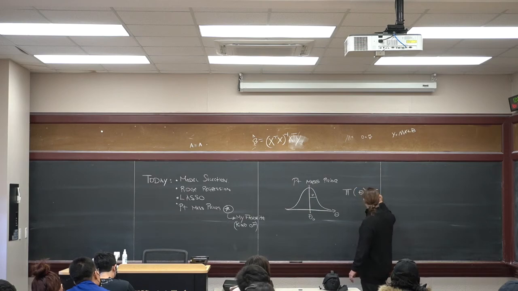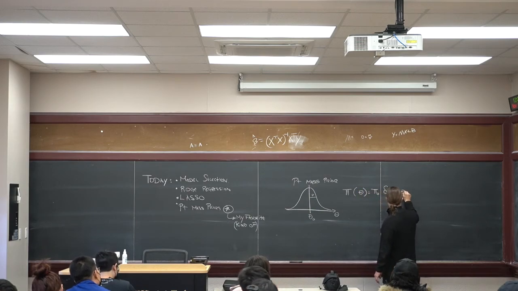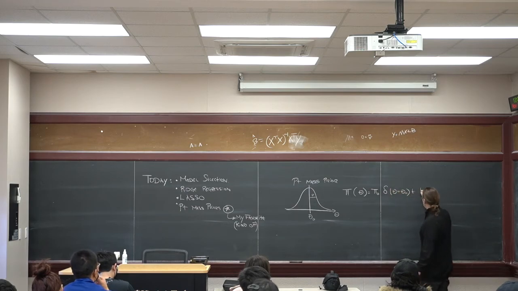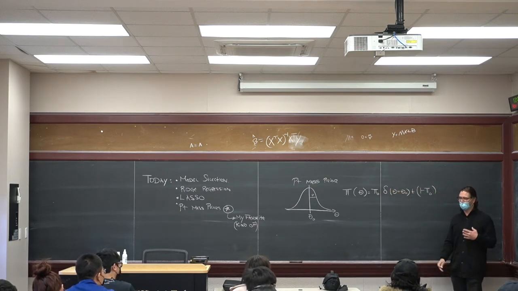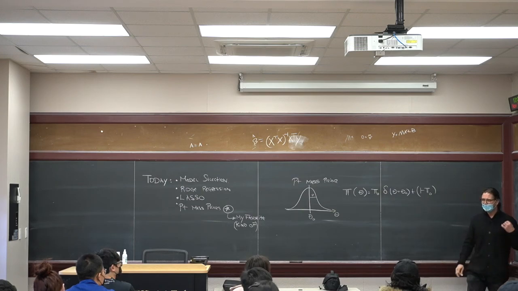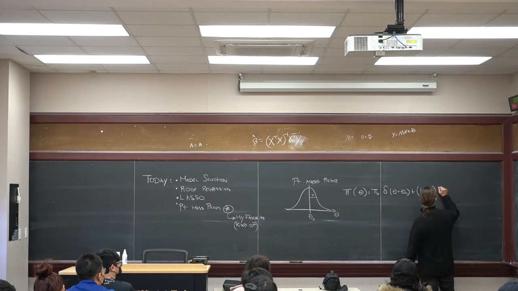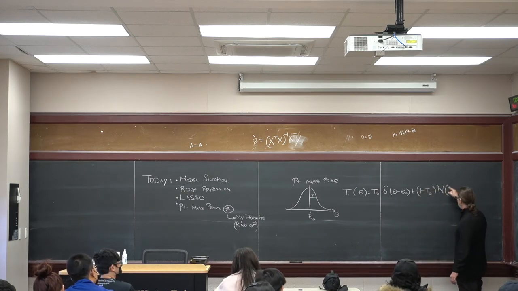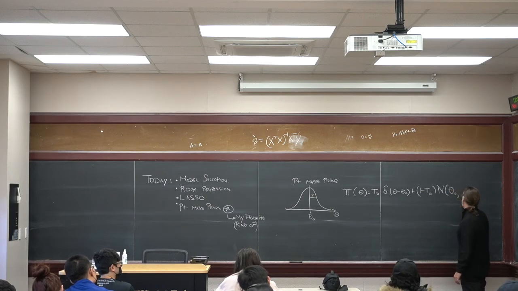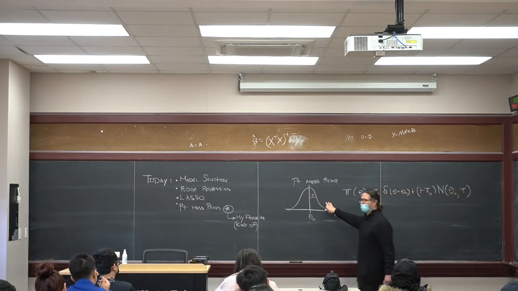Theta is equal to pi naught delta at theta equals theta naught, plus 1 minus pi naught. And I'm not going to put the indicator that it's not theta naught because I'm going to use a continuous prior, and integrating under that point has 0 mass. So this is going to be normal, and this is, of course, over theta, and it's going to have parameters theta naught and psi right here. So this is what that prior looks like.